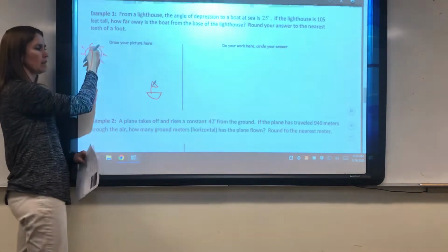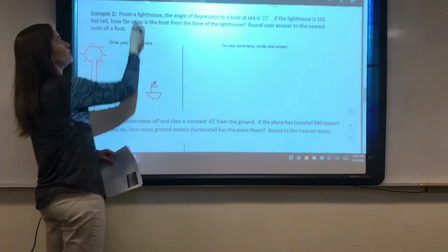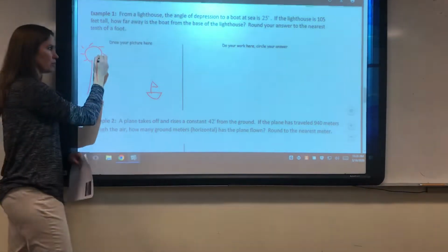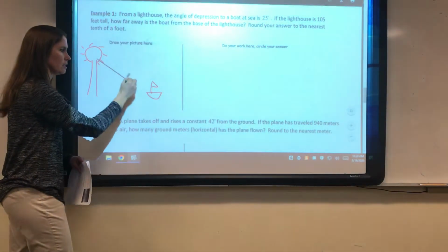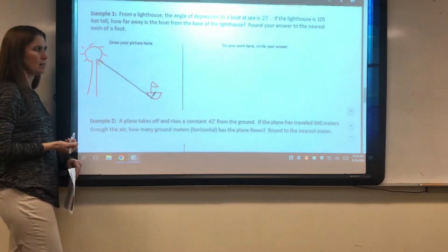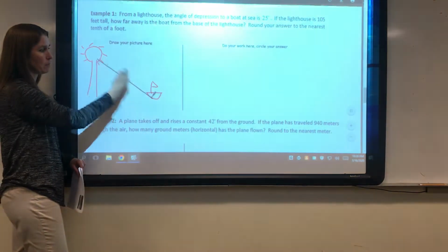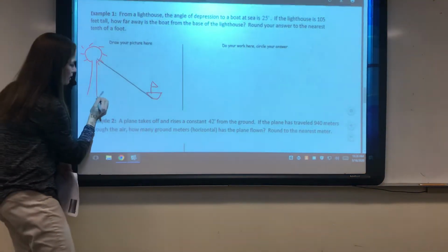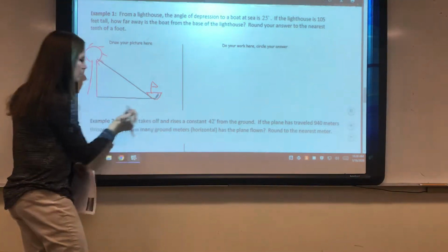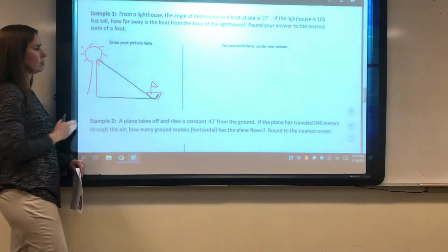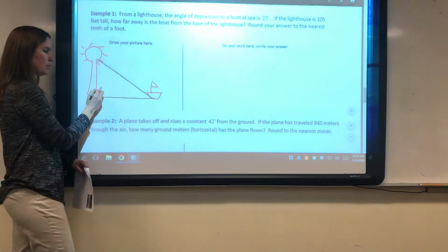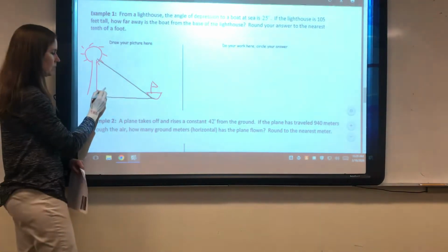So from something up high down to something low is my angle of depression. So this is what it's referring to as my line of sight from up here to down here. Here's my ground or my water that's in the horizontal, and I'm assuming my lighthouse is standing up straight, so I'm going to put a right angle symbol there.